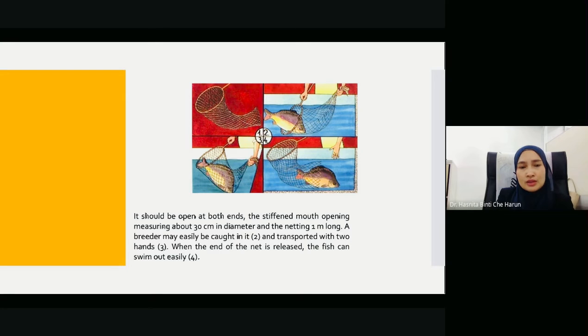The breeder catches the fish at one side and closes the other end, and when they want to release the fish, they just open the other end and release it. This reduces the stress during catching of the breeders.